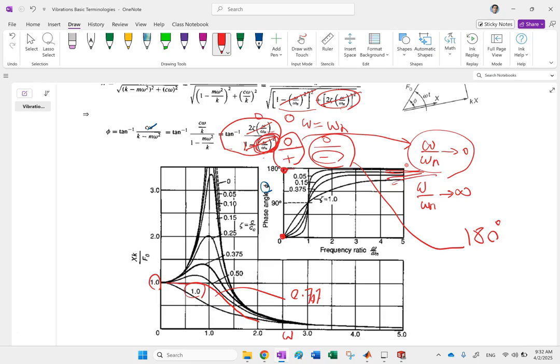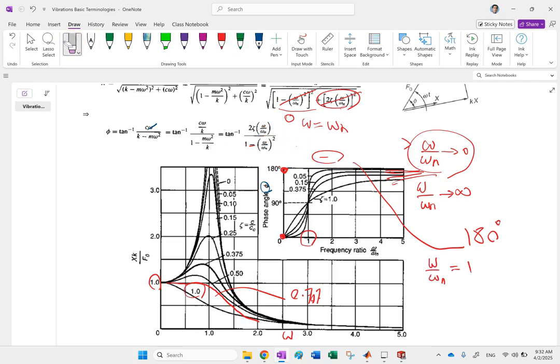Another thing is what happens to them when omega equals omega n. So when omega over omega n equals 1, what's going to happen? Well, if you look back at the curve, when it's 1, this denominator becomes 0. The numerator becomes 2 zeta, and so the number divided by zero goes to infinity, and tangent inverse of infinity is 90 degrees. So all of these curves, regardless of zeta, will all intersect at 1 and 90 degrees as well.